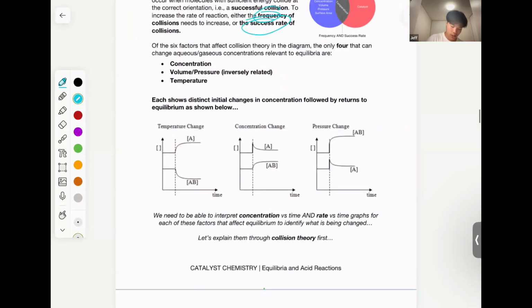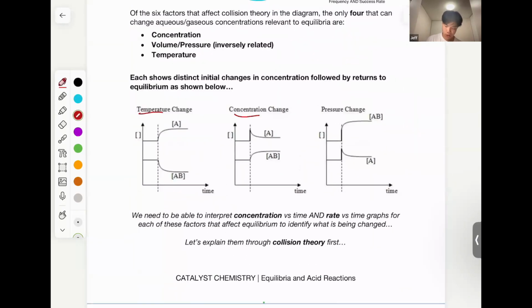Each change in condition, whether it's temperature, concentration, or pressure, shows a different concentration change. And this is how you identify them on the graphs that you'll see in your exam, which are very common. A temperature change shows no sudden change in concentration.